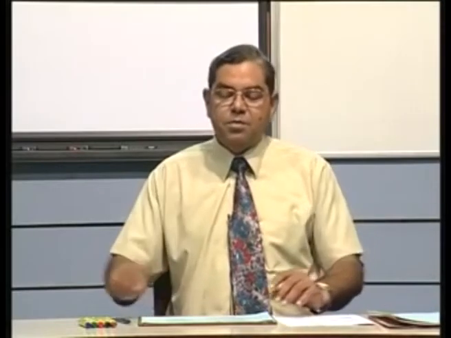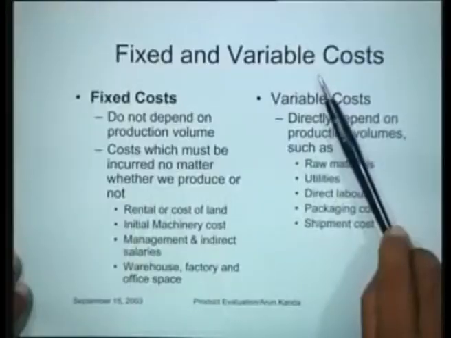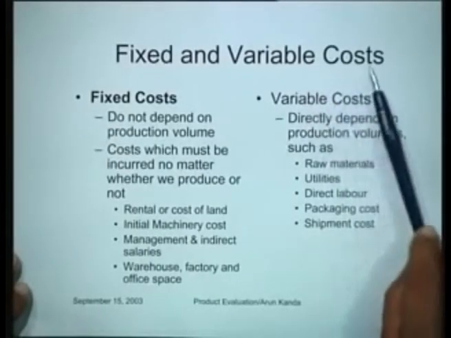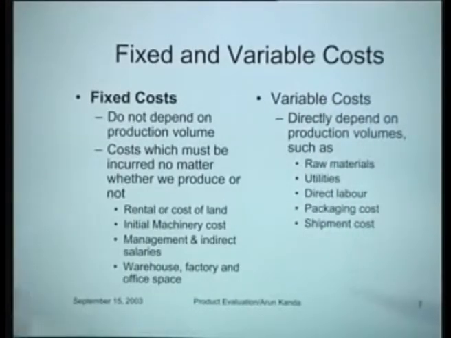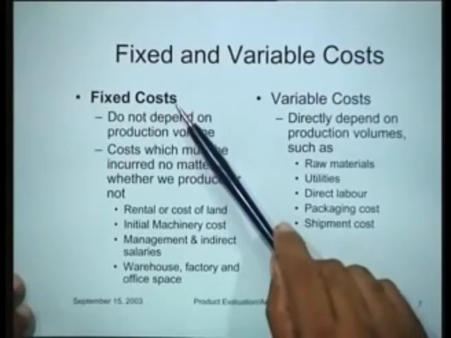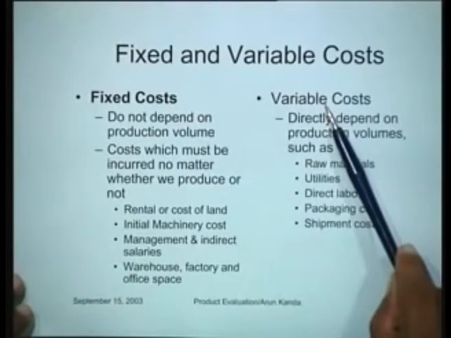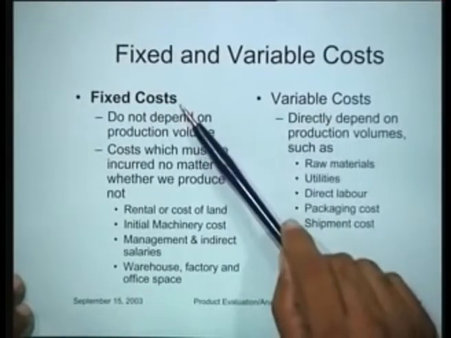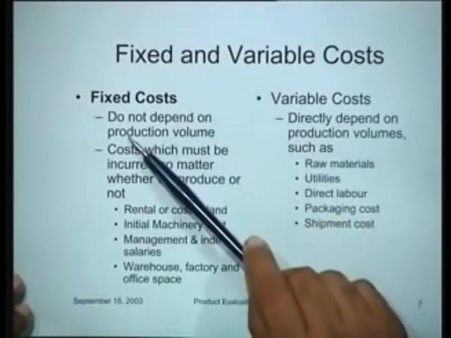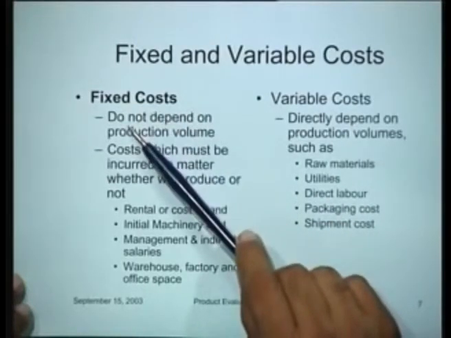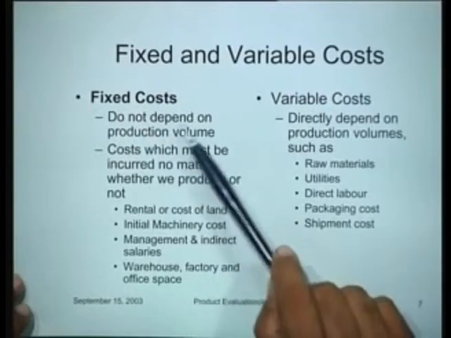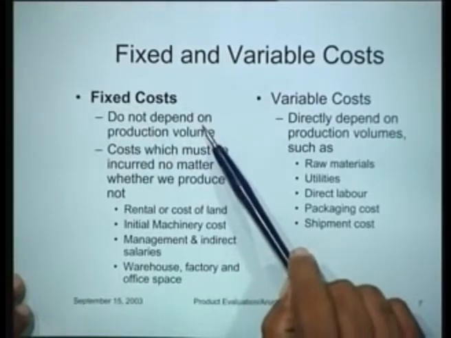Let us now talk about a very fundamental concept of fixed and variable costs in the context of new products and new services. The distinction between fixed costs and variable costs. Well, I think it is obvious that fixed costs are generally those costs which do not depend upon production volume.